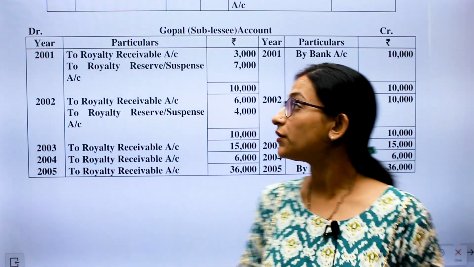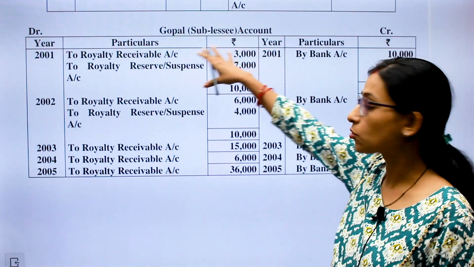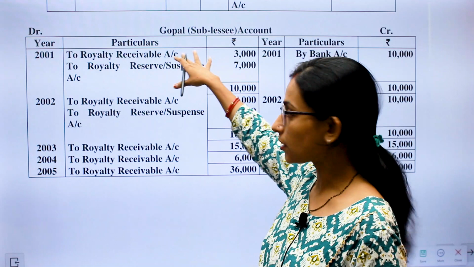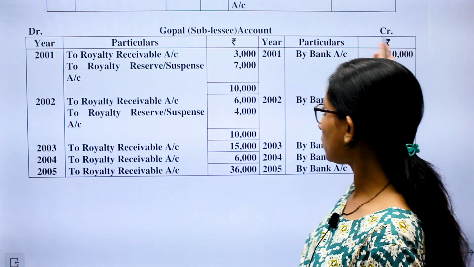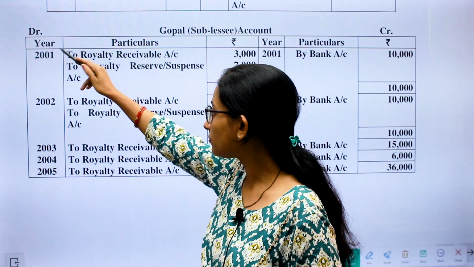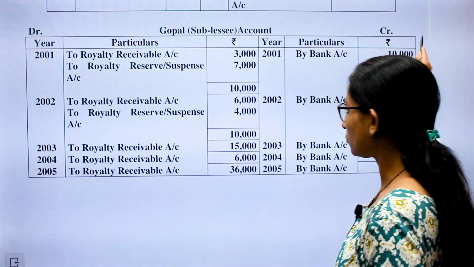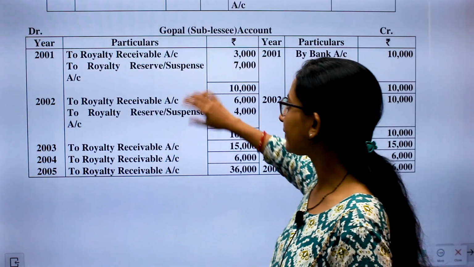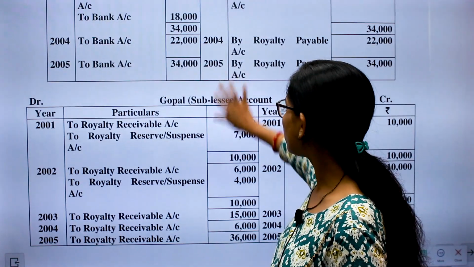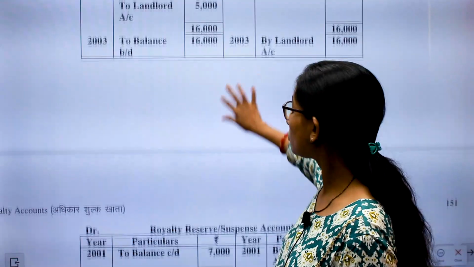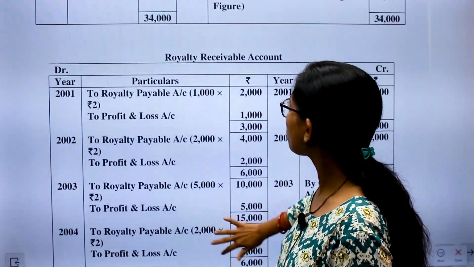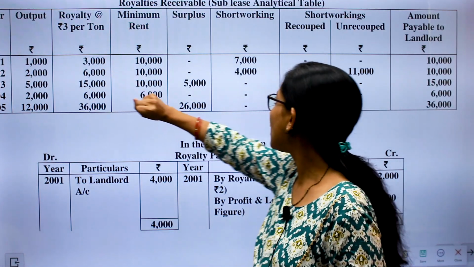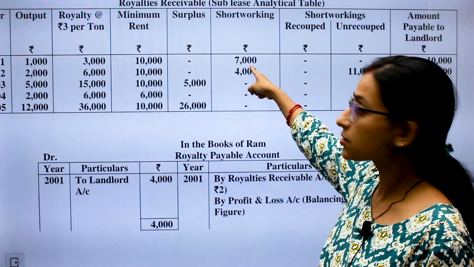The last ledger will be of the sublessee account, that is Gopal account. Here the title will be Gopal account or sublessee account. The right hand side is the credit column, the left hand side is the debit column, with year, particular, rupee, year, particular, rupee. If you see from the second analytical table, the royalty payable to Ram by Gopal is rupees 3,000 in year 2001 and the short working or royalty reserve is 7,000.